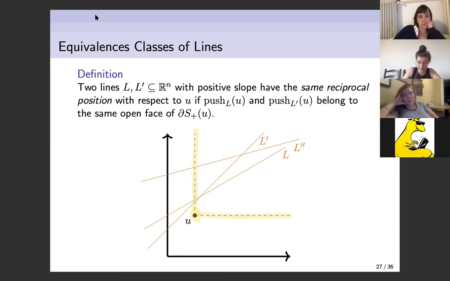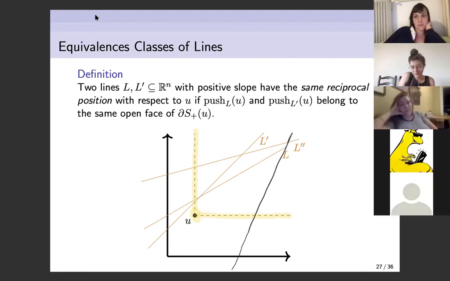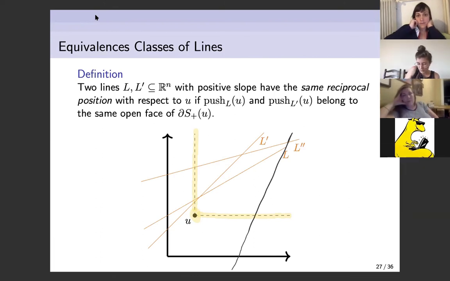So these three lines are in the same reciprocal position, but if we look at another line, the black line here intersects the boundary of the cone of U along the horizontal face and not on the vertical face. So they're not in the same position with respect to that point U.